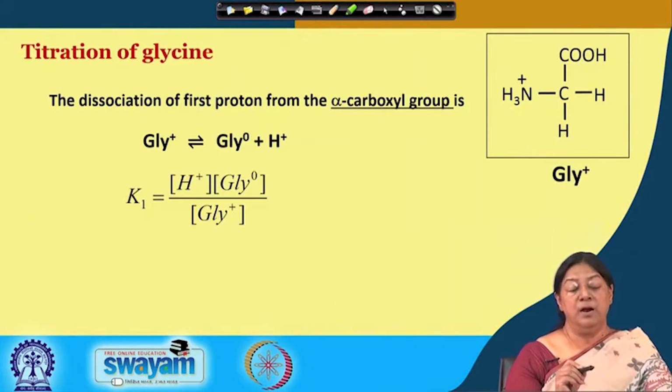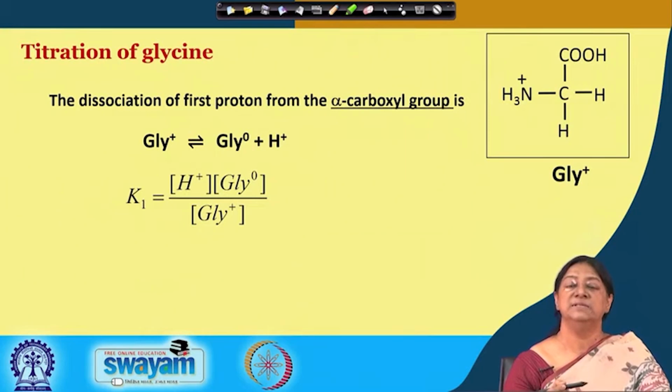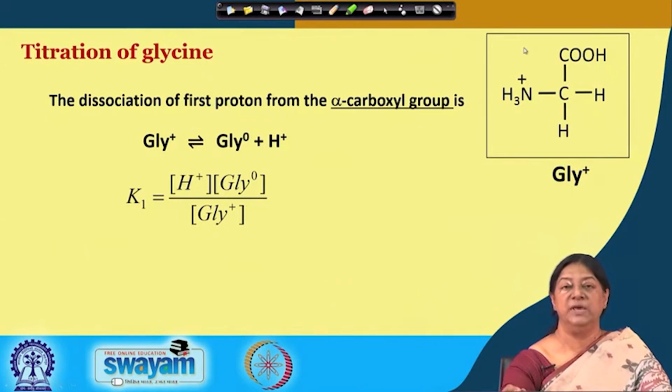Now, if we are to consider a titration of glycine, what do we mean by a titration of an amino acid? We understand that the amino acid is amphoteric in nature. There is a specific structure that we have here for glycine.